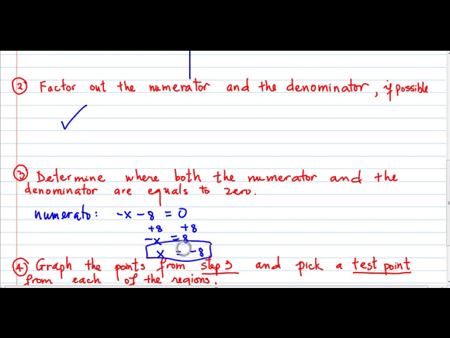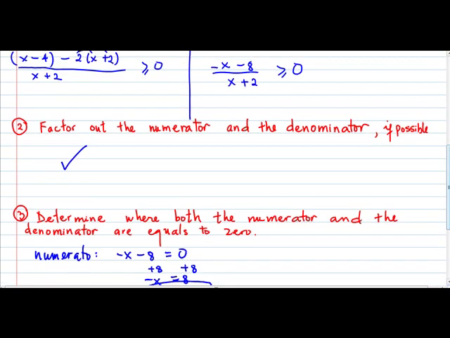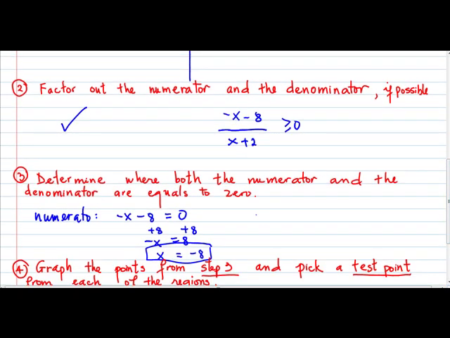So when x equals minus 8, our numerator is 0. For the denominator, we set x plus 2 equal to 0 and solve for x. Subtracting 2 from both sides, x equals minus 2. That means when x equals minus 2, our denominator is 0.